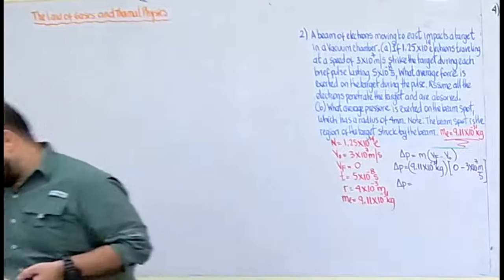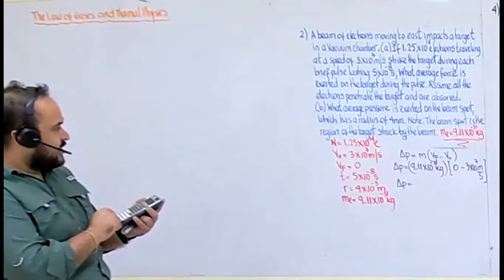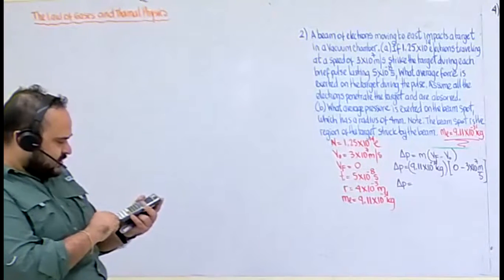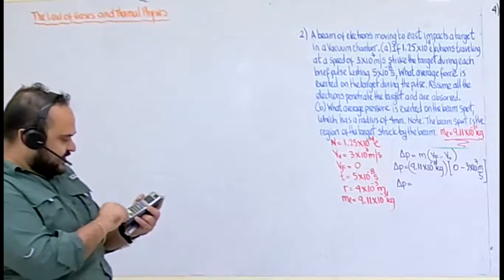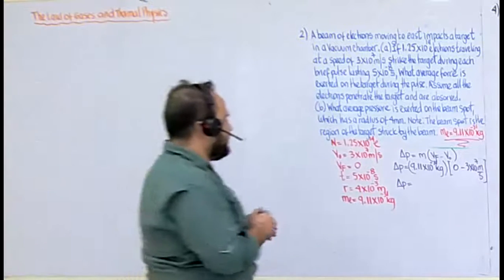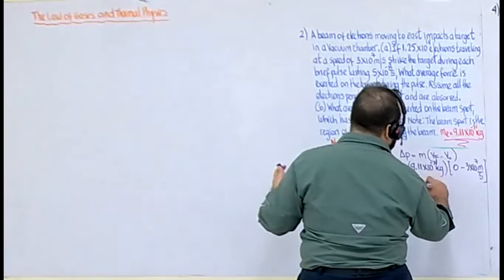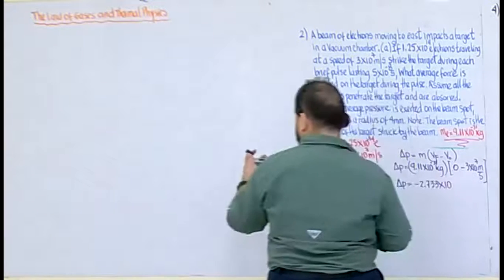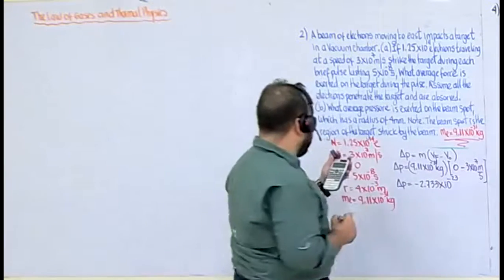And this is going to be the impulse. So 9.11 times 10 to the negative 31 power multiplied by 0 minus 3 times 10 to the 7 power. The answer will be negative 2.733 times 10 to the negative 23 power.